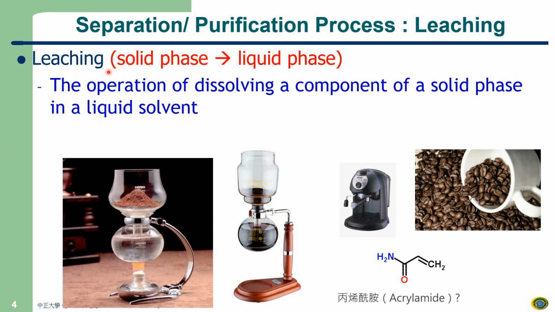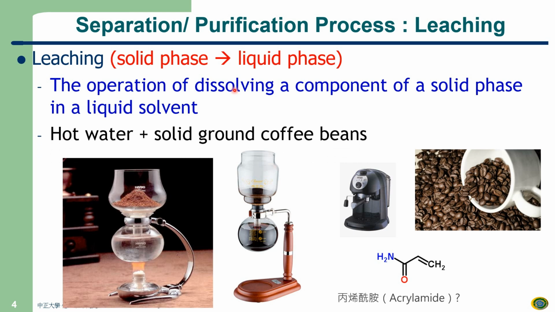So in your final exam, if I ask you to define leaching, you can tell me, oh, this is from solid phase to liquid phase. If I ask you to give me an example, I'm sure you can give me the example, right? So hot water and the solid ground coffee beans, you can get a cup of coffee.